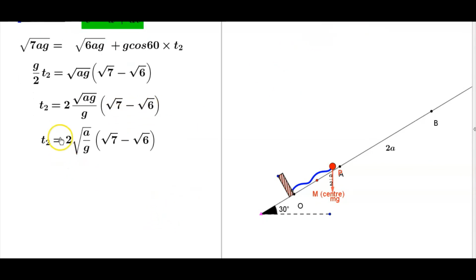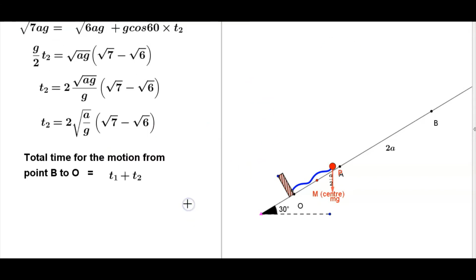When we simplify further, T2 is equal to 2 into square root of A over G times the bracket root 7 minus root 6.